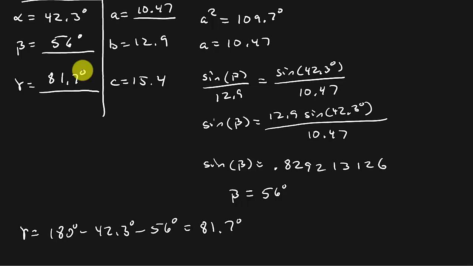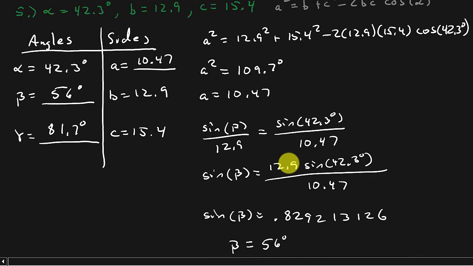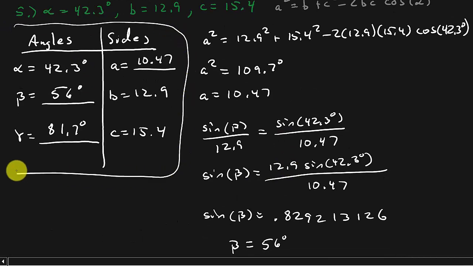But I don't know that. That's why I solve for the smaller one first, because I know beta is between 0 and 90. All right, so there's your solution.